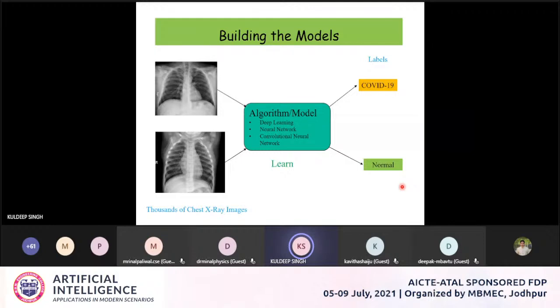The features which this model or algorithm extracts will help the model to differentiate between these two classes. How does it happen? Suppose for the COVID category, the desired label is 1, and for the normal category, the desired label is 0.